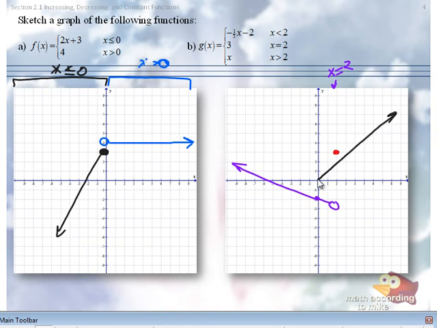It's the one that bisects the first and third quadrants. I'm not going to draw the whole thing because I don't want to erase everything. But we only want it for x greater than 2, which means to the right of 2. What happens at x equals 2? Good enough.